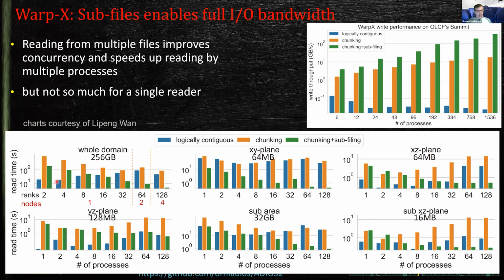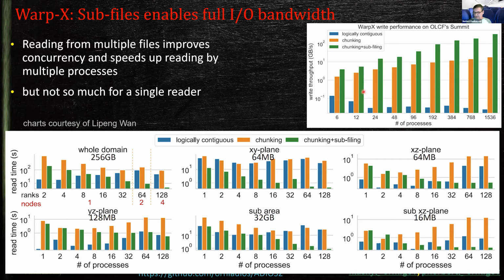For the entire variable, if you squint and look at the trend of the green bars, in every case it starts to improve. So if you read in parallel, then you can get good read performance from a giant ADIOS file which has subfiles and lots of blocks. And basically that's the moral of the story.